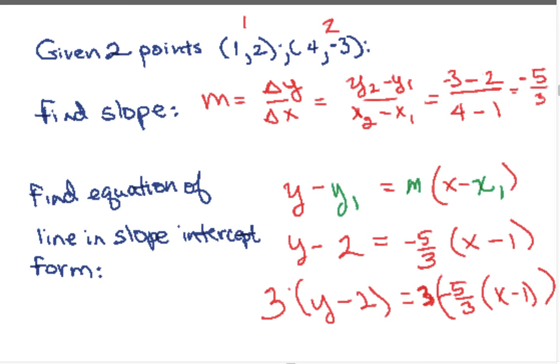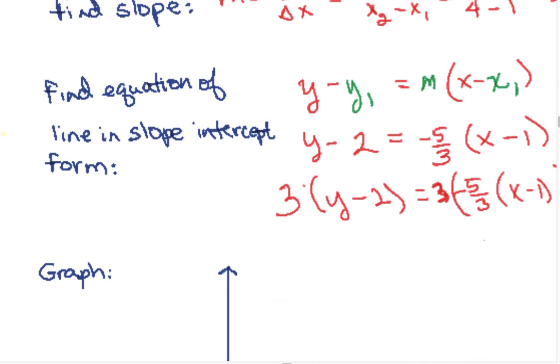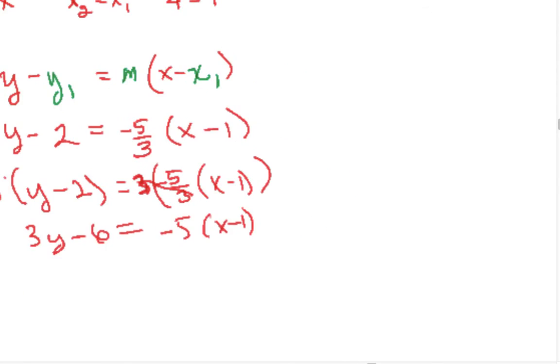So here on the left side, I have 3y minus 6. Here, when I cancel the 3's, I have a negative 5. And no, you do not need to multiply the 3 times the x minus 1 because the 5/3 is connected to the x minus 1. It's 1 unit. Otherwise, we would still have a fraction. We're trying to avoid that.